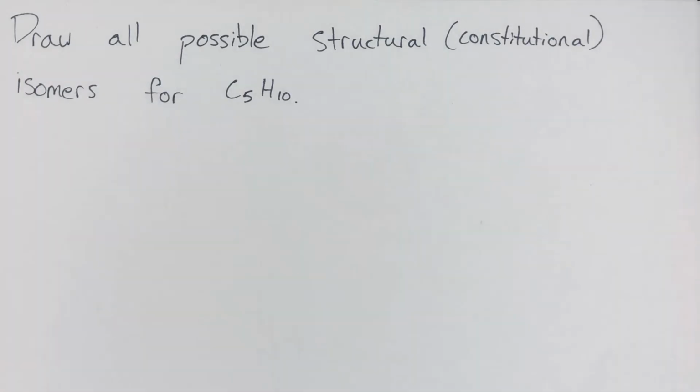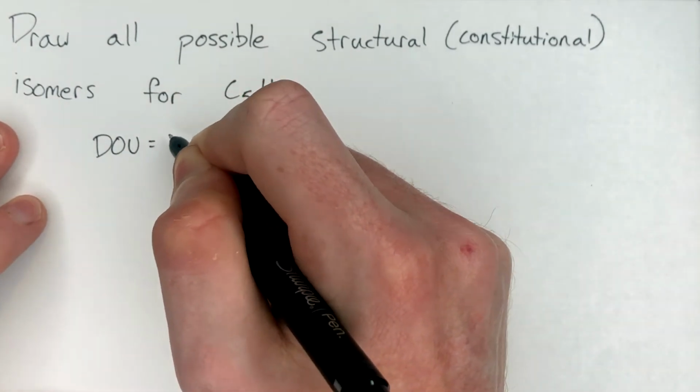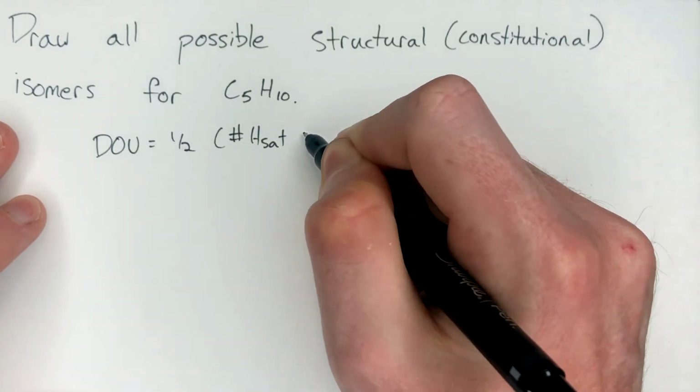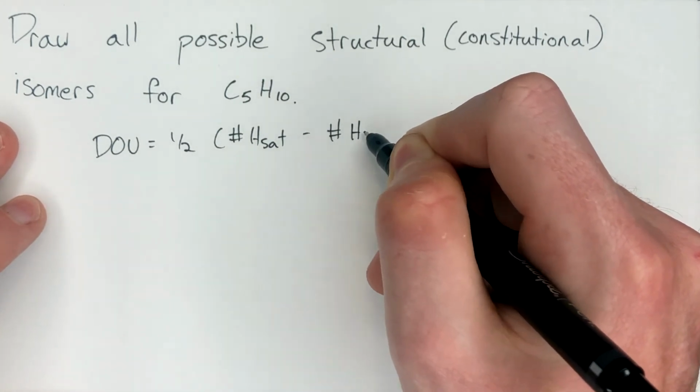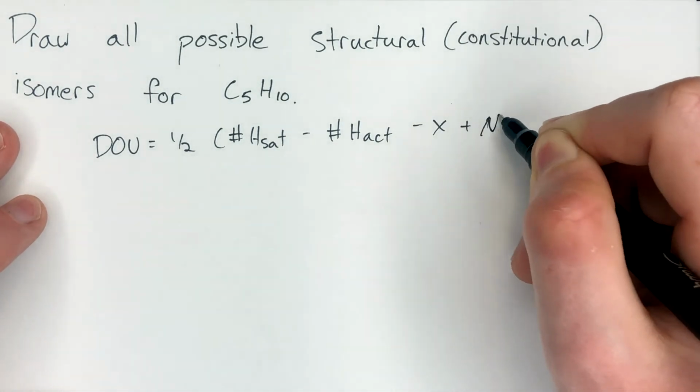All right, here we have another question where we're asked to draw all possible structural constitutional isomers for a molecular formula of C5H10. So again, we should start with the degrees of unsaturation, which is defined as 1/2 the number of hydrogens saturated minus the number of hydrogens actually present minus halogens plus nitrogens.